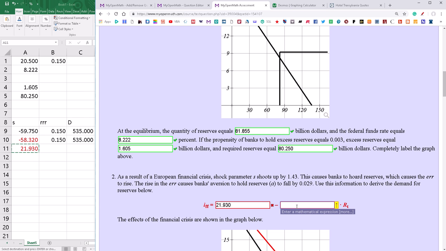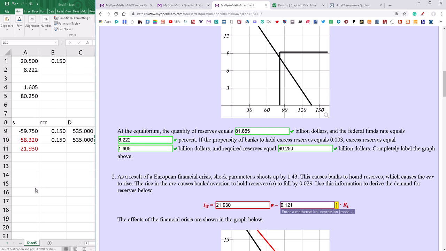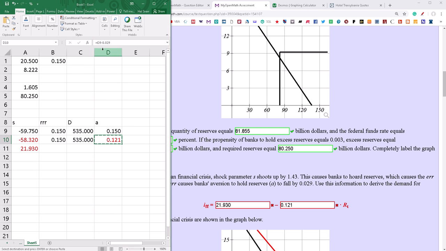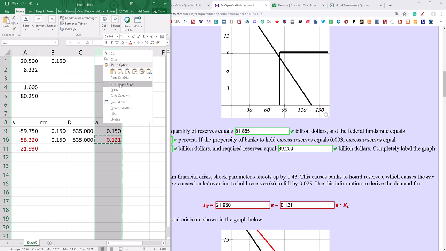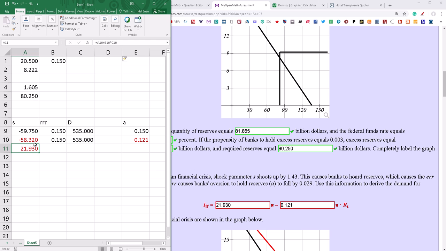Okay, and the new slope is right there. Maybe what I'll do is I'll extend this out and I'll insert a column and I'll move this over here. And I'll call this the intercept. I'll call this the slope A.